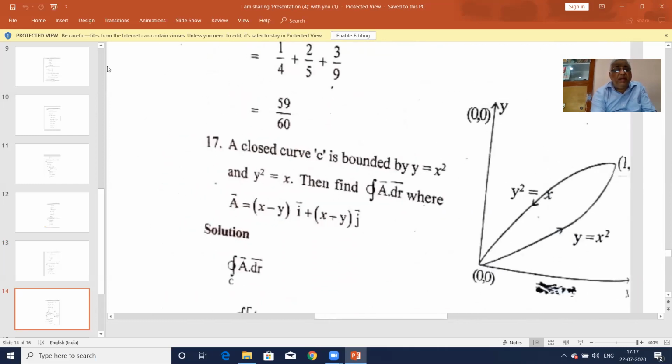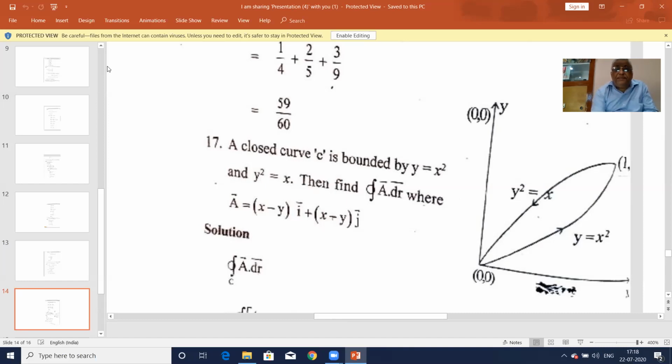With the figure, it is given as a closed curve C. Now see the figure, with the coordinate x and y axes. It is bounded by y equal to x square, one curve, and the other curve is y square equal to x.